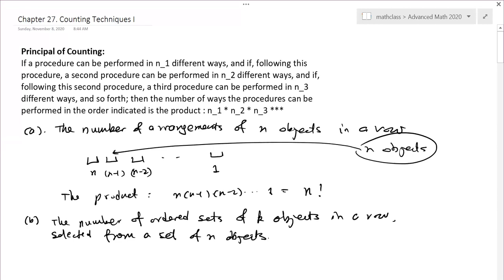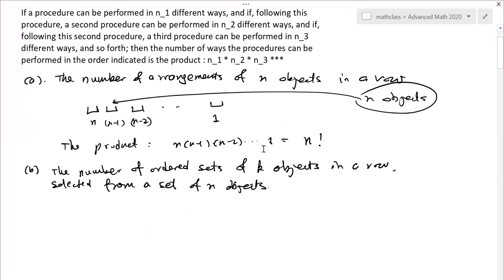Okay, let's figure out this formula. Well, all you have to do is just stop somewhere. So still an n object set. The first one you have n choices, right? And the second one is n minus 1. So what is the last one? You have k objects, right? So the last one will be, not n minus k, but n minus k plus 1. Then in total you have k objects.